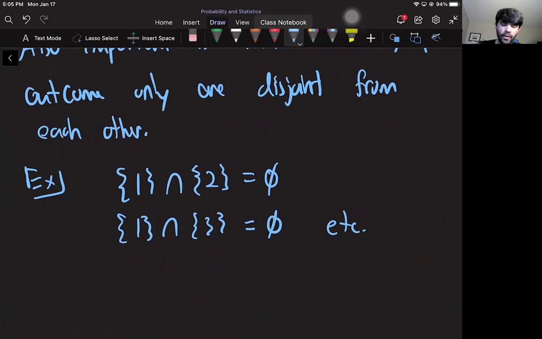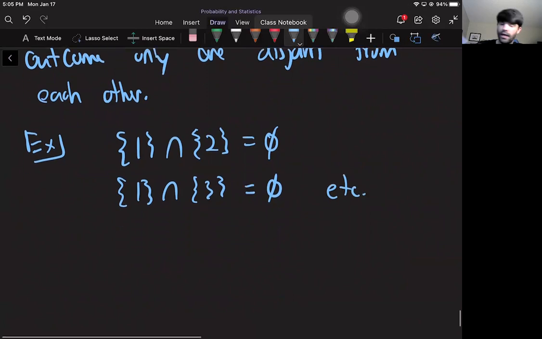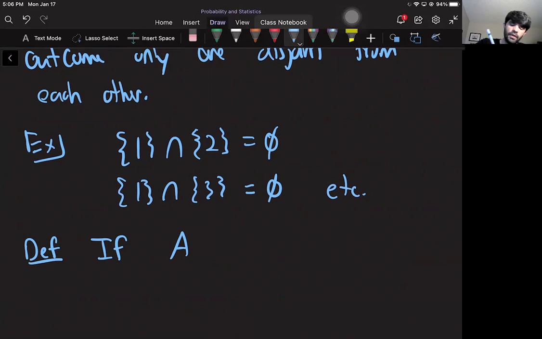So if you want to say a whole bunch of stuff is disjoint from each other, you can say that instead of having to list out every single one. Let's write that as a definition. When you have a bunch of sets, you can't just use letters, A, B, C, D, E, however far you want to go. We need to use indices. So we're going to say A1, A2, up to AN.